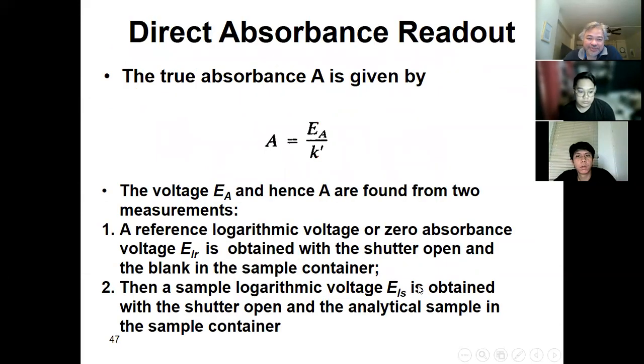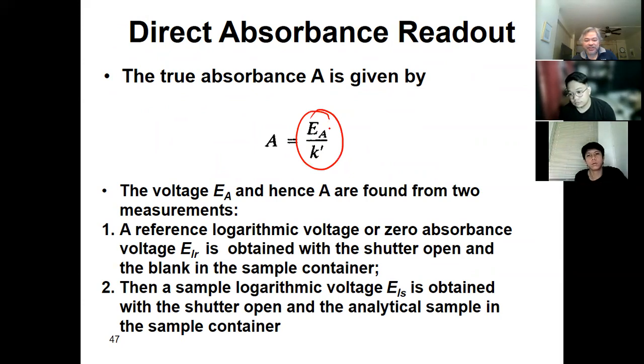Okay? So we can have the direct absorbance readout, wherein the true absorbance is given by A equals the voltage proportional to the absorbance, or K, wherein the log conversion factor is in volts per unit. Now the voltage EA is found from two measurements.